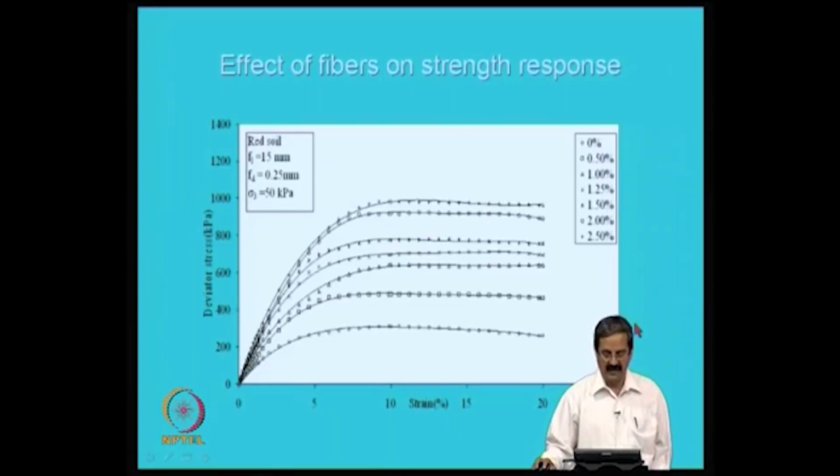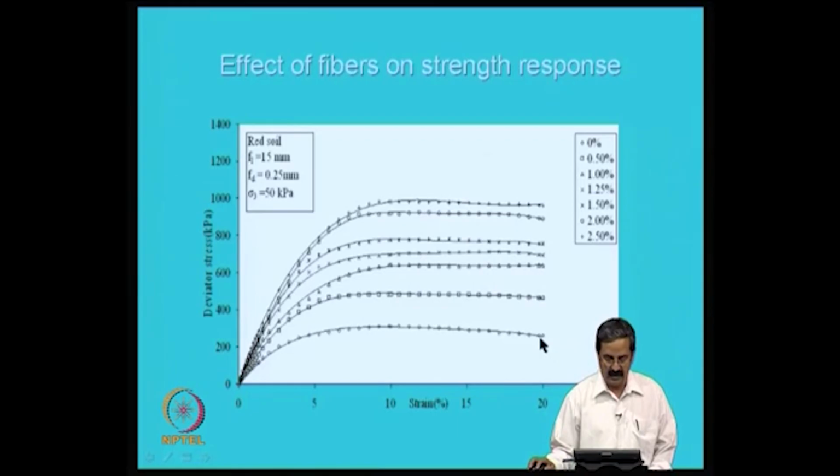So, I just want to give some examples of ground improvement, because as I said, the objectives of ground improvement are to increase strength and stiffness. This is a stress strain curve of a red soil, and if you add some fibers, say from 0.5 to 1% or 2.5%, you can see that the stress strain curve, which was originally like this, got improved like this.